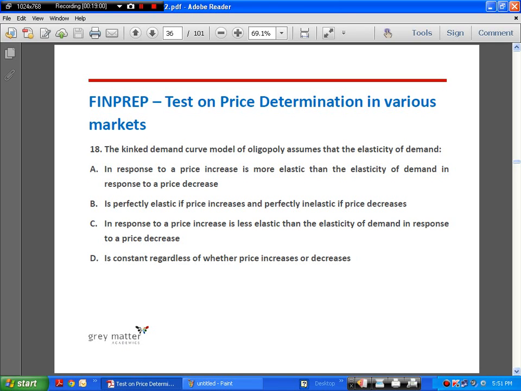That is, the fall in price will not be felt by the consumers, because since all the firms are following that, it will be considered as a general price change. Therefore, the response of consumers will not be much. In other words, the elasticity is less. So the right answer is option C. It is less elastic for an increase in price and it is more elastic for a decrease in price.